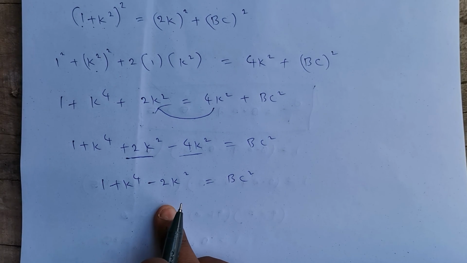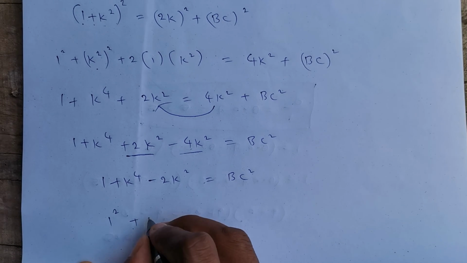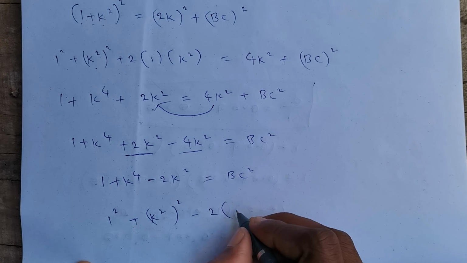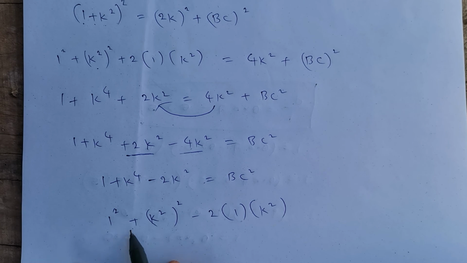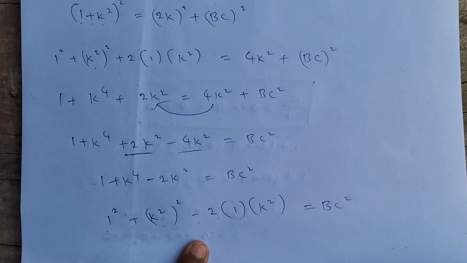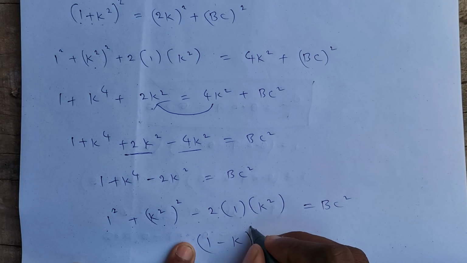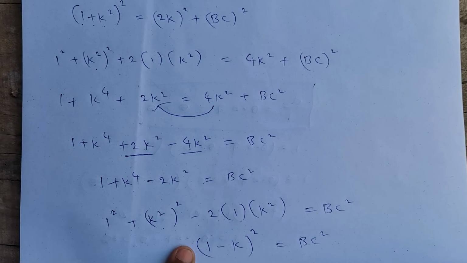Now if we observe this clearly, 1 can be written as 1 square, k power 4 can be written as k square whole square, minus 2 into 1 into k square. That is a square plus b square minus 2ab, which is nothing but a minus b whole square, that is 1 minus k whole square, which equals BC square.